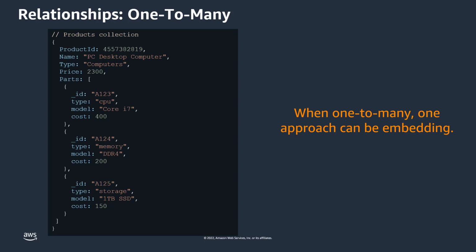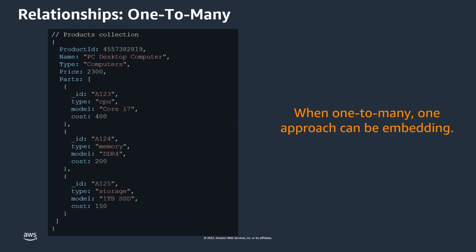And adding new parts is as simple as appending the new part document to the end of the parts array. However, there are potential drawbacks, which I've discussed already. So documents can grow too large and performance can degrade with a large number of array elements. For this case, where we know there is going to be a limited number of parts, embedding is a good choice.